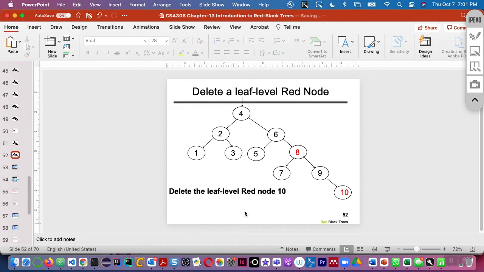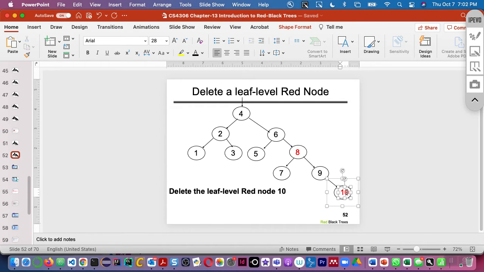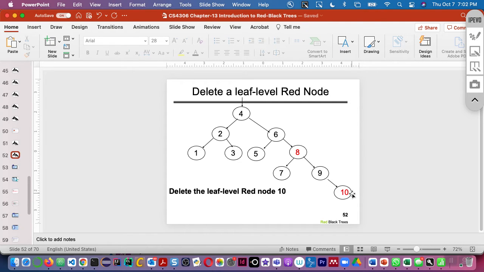For instance, if you want to delete a node, and if our node is red, and it is a leaf level node, then delete it right there. It's easy.